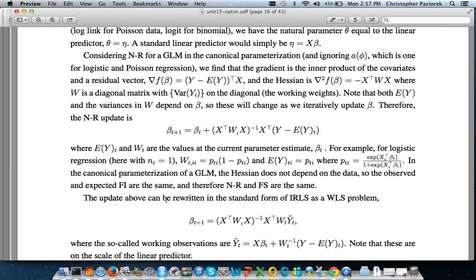So I could write this as being equal to (X transpose W_t X) inverse (X transpose W_t X) times beta_t plus this stuff I had up here, which is (X transpose W_t X) inverse X transpose (y minus E of y).